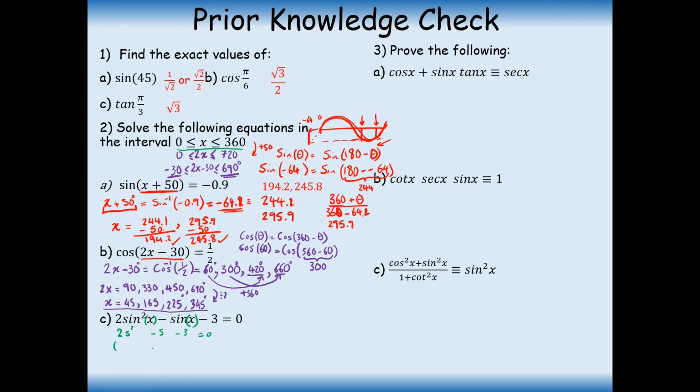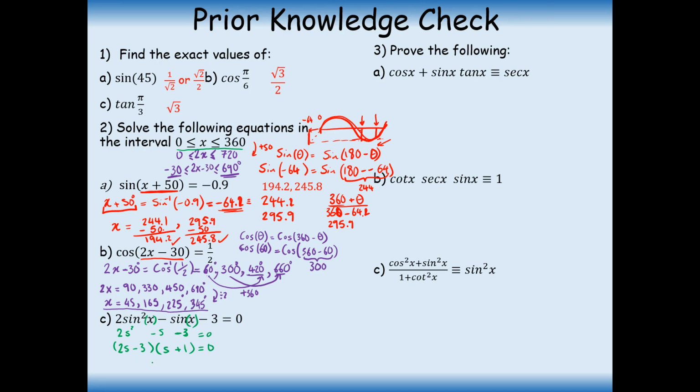If we can factorize that to 2s here and s here, and I need to multiply to negative 3, so I'm going to put a minus 3 and a plus 1 here, so that my answer will make sense.